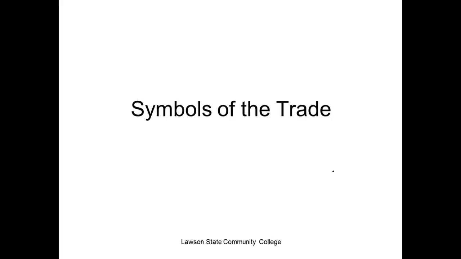So what we do is we pick symbols that represent different things, and we put them in diagrams. If you don't understand the symbols of your trade, then you cannot read the prints that we use in your trade, right? We have a class called blueprint reading. Has anybody had that yet? You learn the symbols of a bunch of trades. If you're going to be an electrician, you probably need to consider that class.